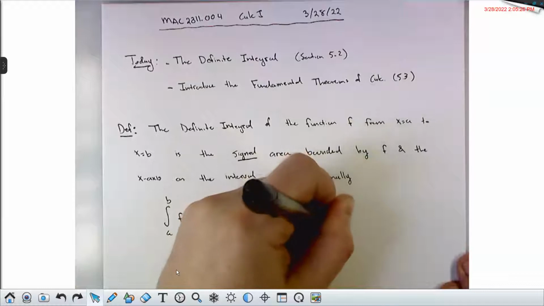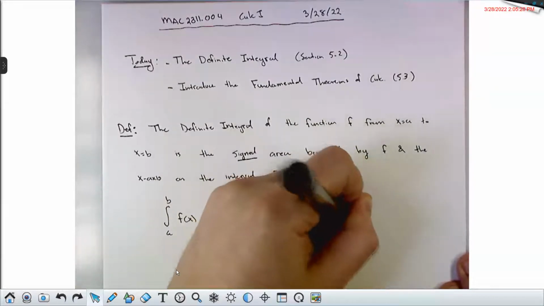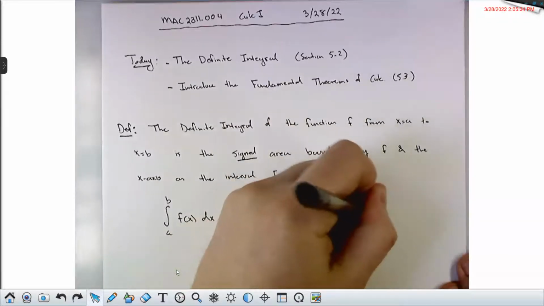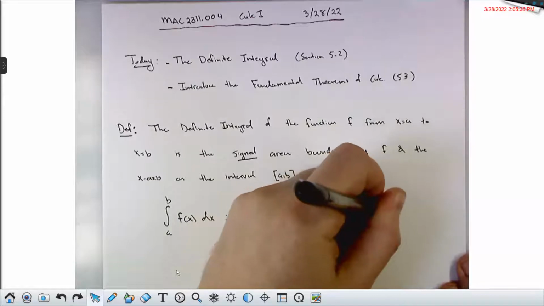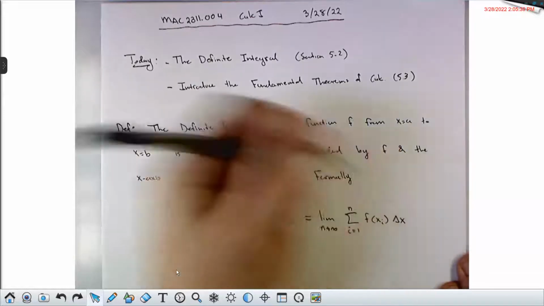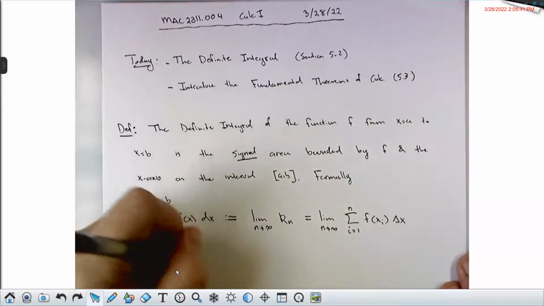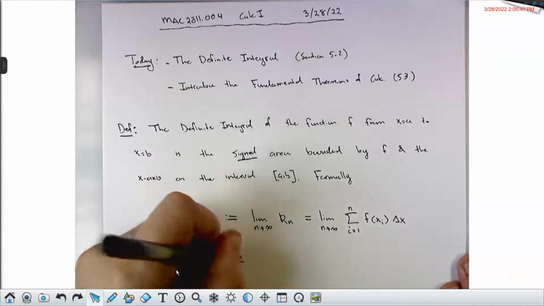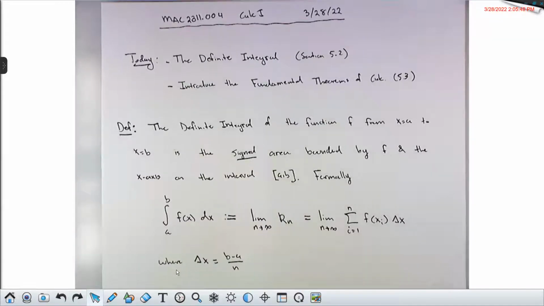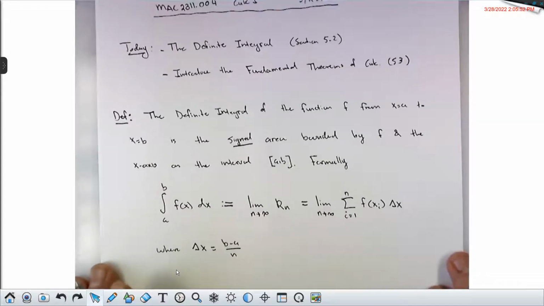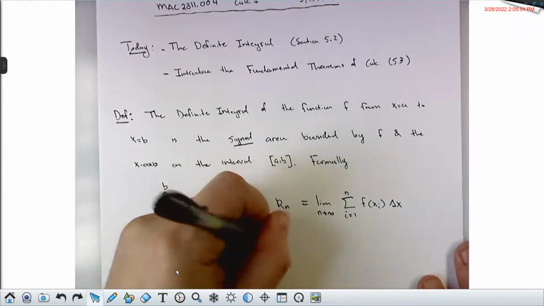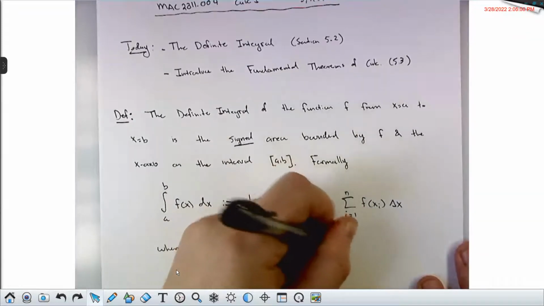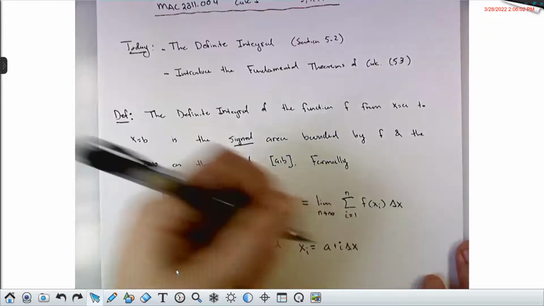That's the right endpoint Riemann sum: sigma i from 1 to n of f of x_i times delta x, where delta x is the ratio (b minus a) over n, which denotes the length of each subinterval when you chop [a, b] up into n equal length pieces. And x_i are the standard right endpoints, a plus i times delta x.